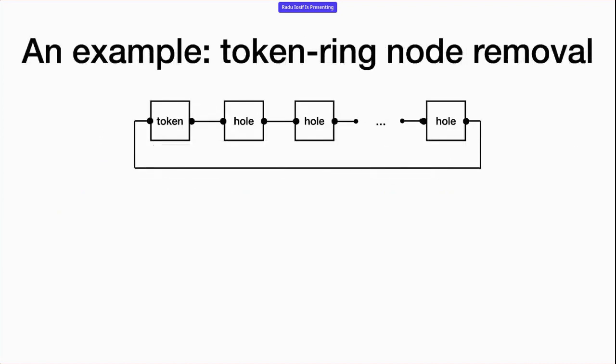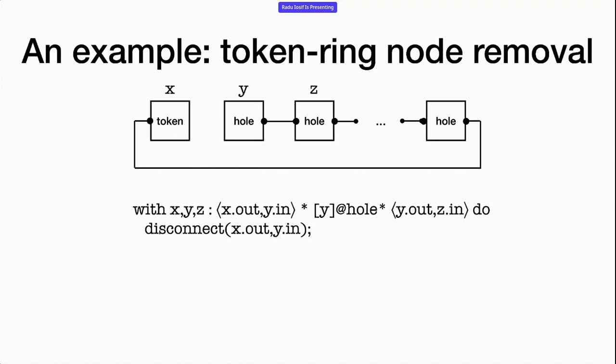So let's go back now to the token ring node removal and do it correctly this time. So imagine now that our reconfiguration program matches the network against a formula that says there is a component in state hole, and there is an interaction to the left and one to the right of it.